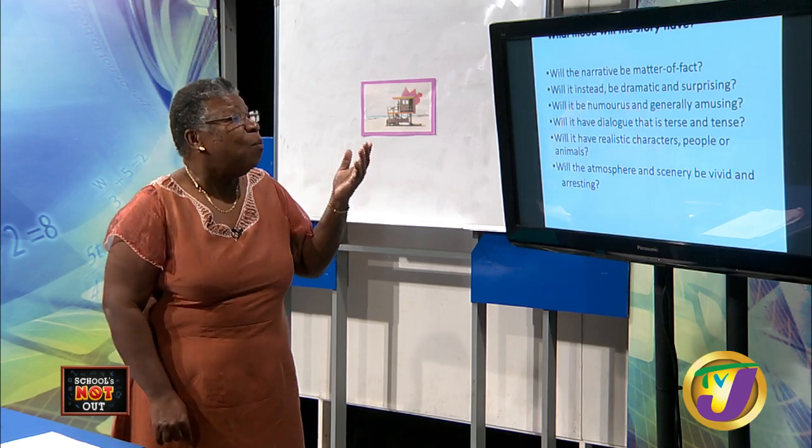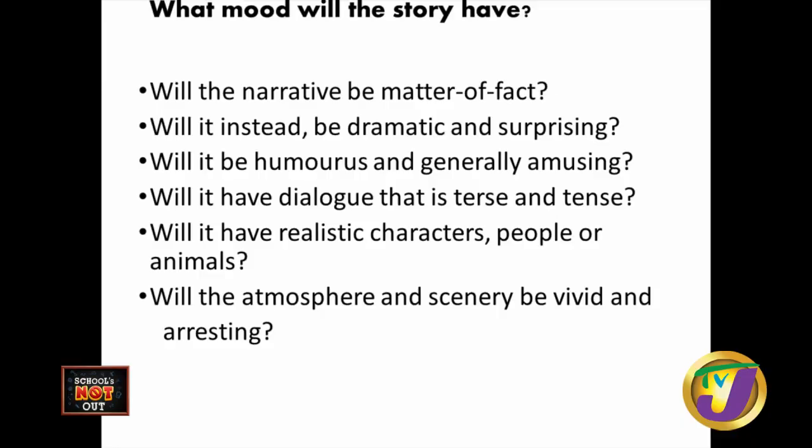What will the mood of my story be? What kind of story? How will it make the reader feel? All of those ideas are coming into your mind, and you're going to make some decisions, and you're going to make some jottings. So let's remind ourselves of the possibilities.